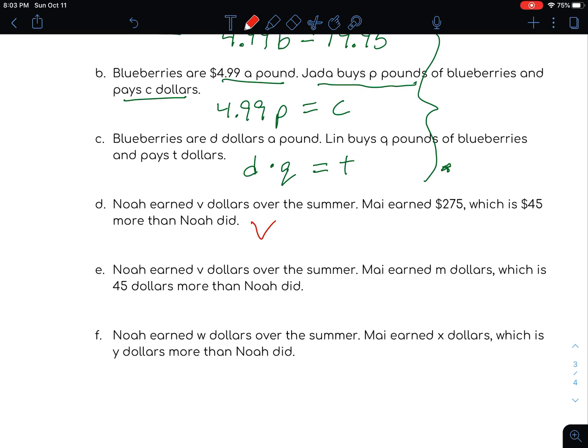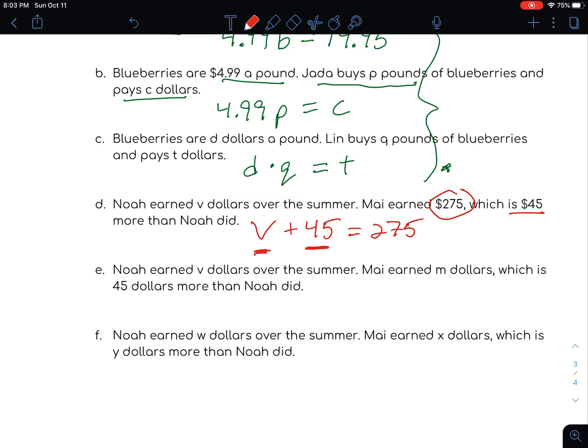Mai earned $275, which is $45 more than Noah. So the 275 is $45 more than Noah. So V plus 45 then would have to be equal to Mai's total, because Mai earned $45 more than Noah.